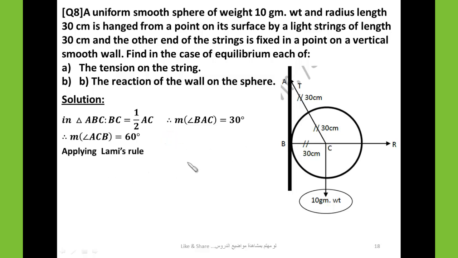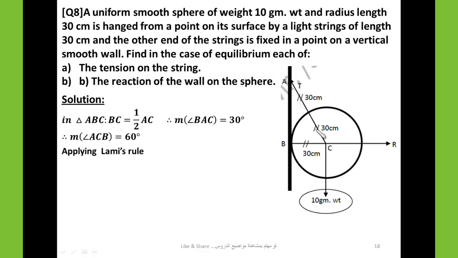Applying Lami's rule, now we will calculate it using Lami's rule. To use Lami's rule, we must know the angles between the three forces. This angle is ACB, this angle is 60. So the angle between the tension and the weight equals 60 plus 90 equals 150.